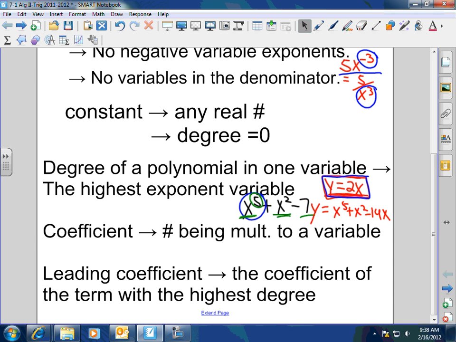And the leading coefficient is the coefficient of the leading exponent. It's the coefficient of the term with the highest degree. Okay? It is the coefficient of the term with the highest degree.